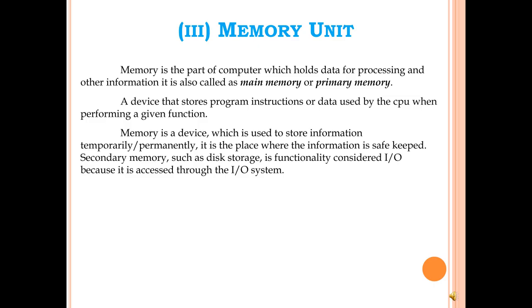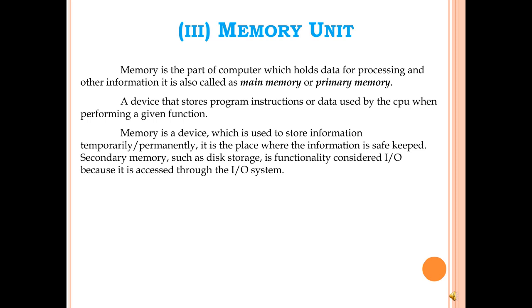Then comes the memory unit. Memory is a part of the computer which holds data for processing and other information. It is also called main memory or primary memory. It is a device that stores program instructions or data used by the CPU when performing a given function.